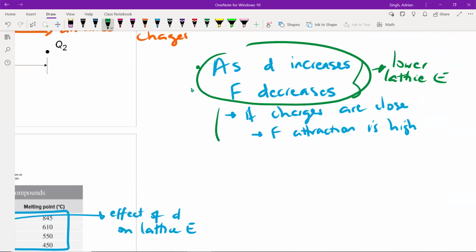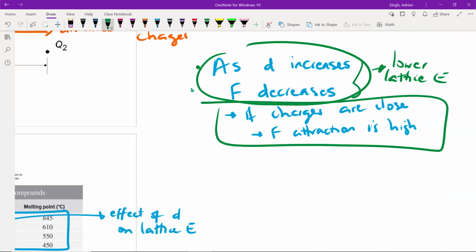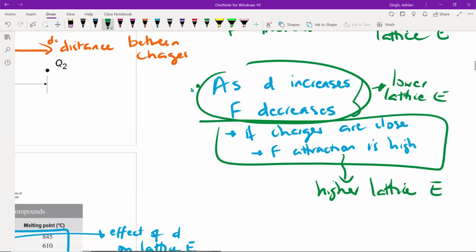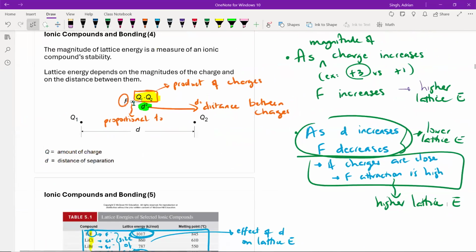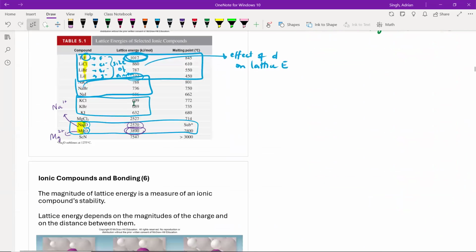We can also say for the bottom here, if the charges are close together, force of attraction is high. Force of attraction high means higher lattice energy. So whichever perspective you look at it from, we can use this equation up here to help rationalize the numbers that we see that are experimentally determined. So it actually makes sense.